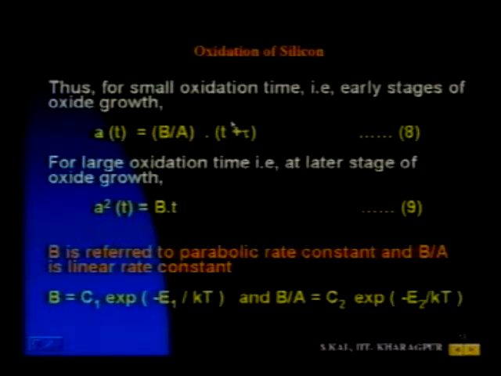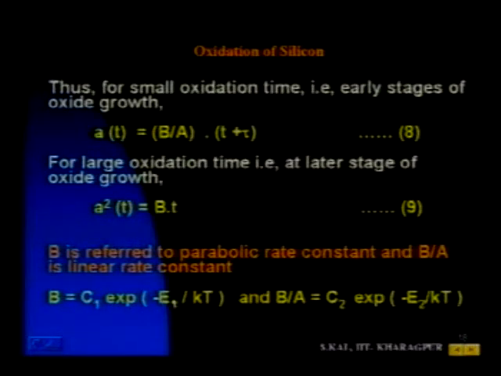This is a linear equation, this is a parabolic equation. That's why B is referred to as the parabolic rate constant, and B by A is referred to as the linear rate constant.